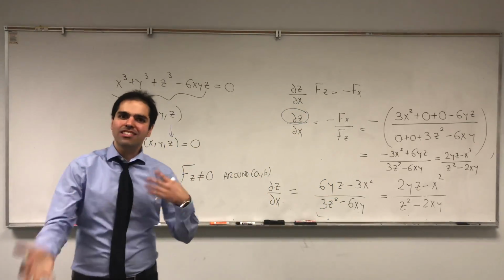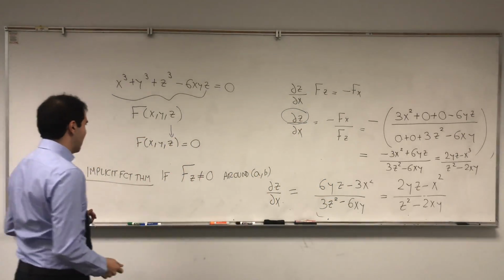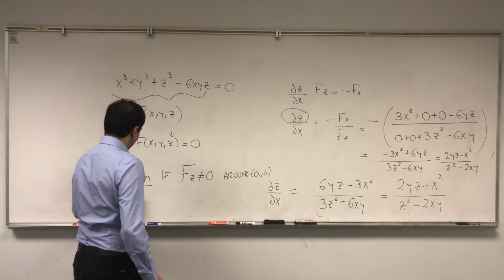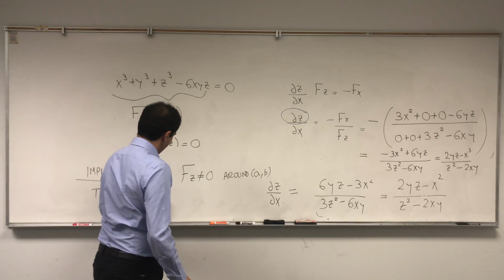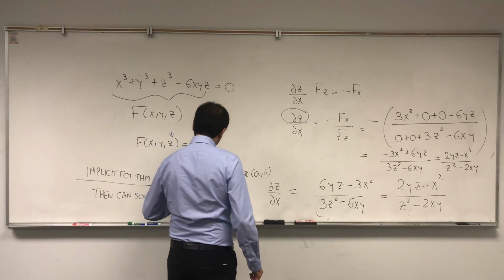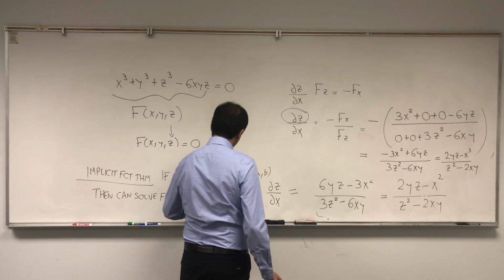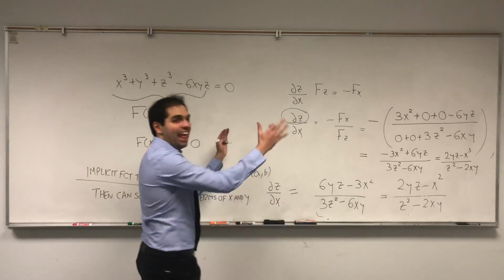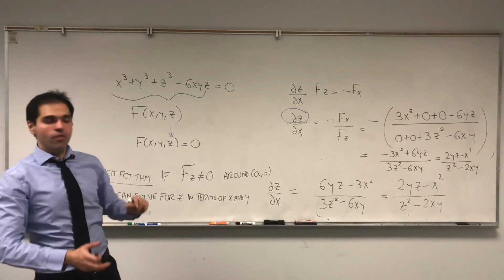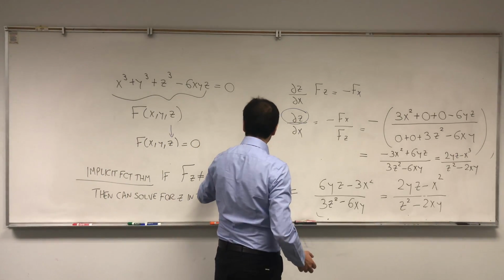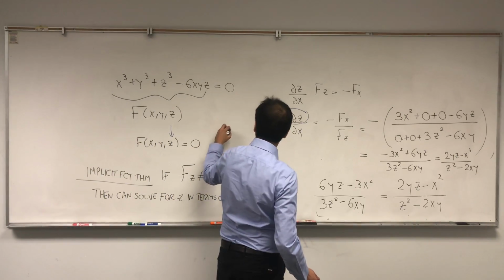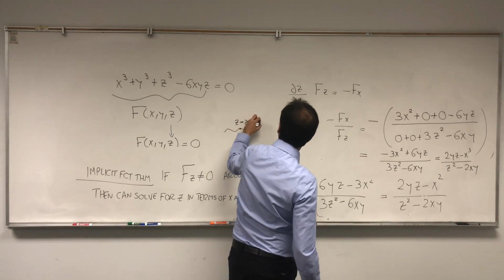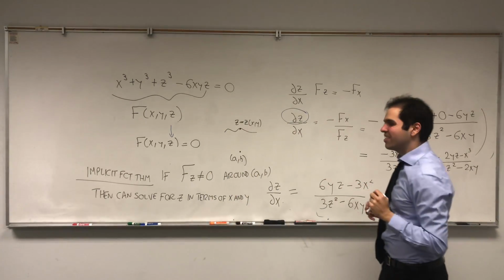So in other words, we can solve for z in terms of x and y. Again, not everywhere, but at least around the point. So think z is x squared plus y squared or something.